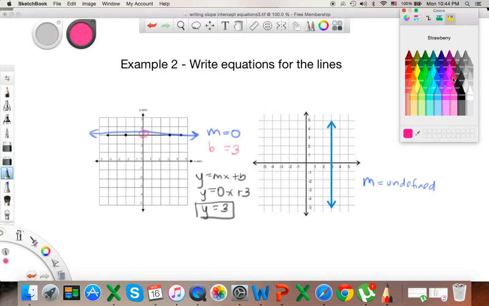So whenever you have an undefined slope, your equation is going to look like this: x equals something. In this case, that something is 3 because our graph crosses the x-axis at 3. So your equation here is x equals 3.